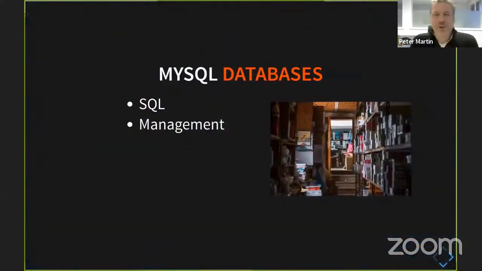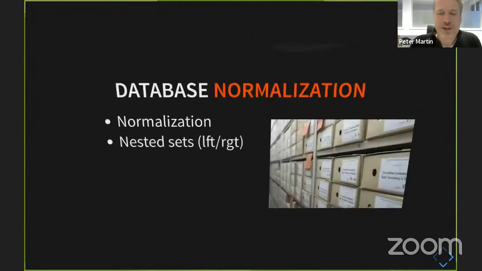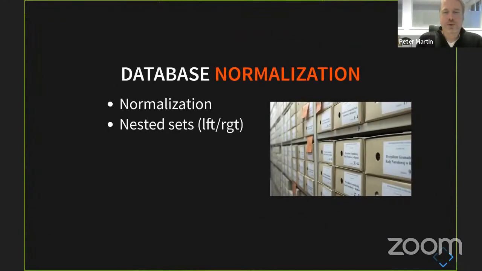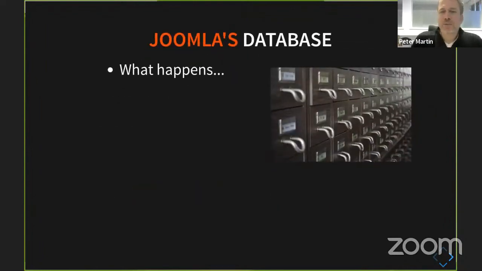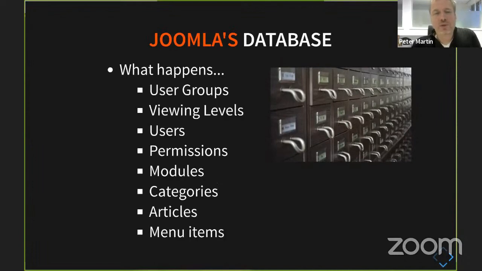Anyway, I told you something about the MySQL databases in general and about management of databases. I taught you something about normalization, about the ordering of how Joomla orders records, and also how Joomla uses nested sets with left and right. I taught you something about what happens if you do stuff in Joomla, like create a new user group, viewing levels, users' permissions, modules, categories, articles, and menu items.